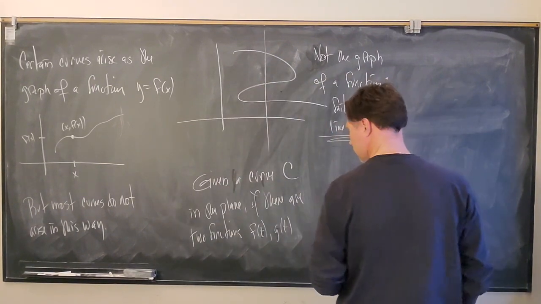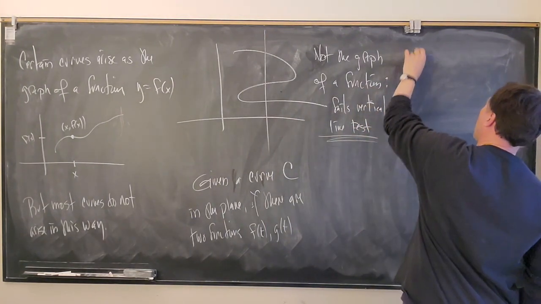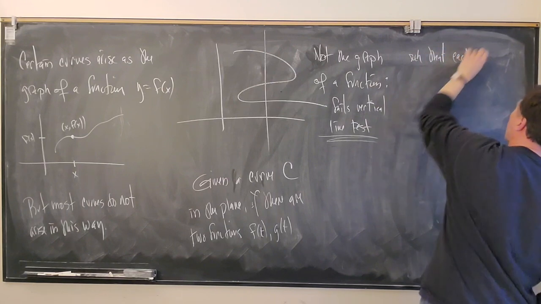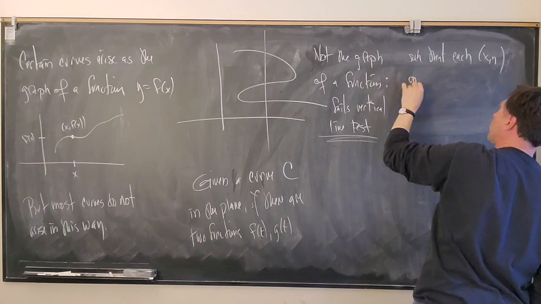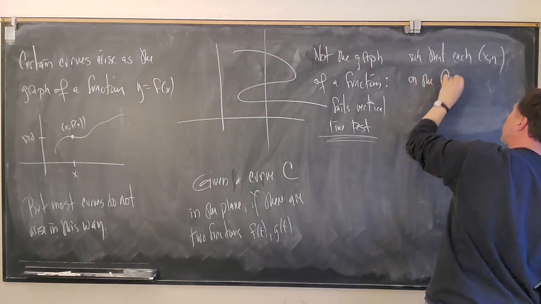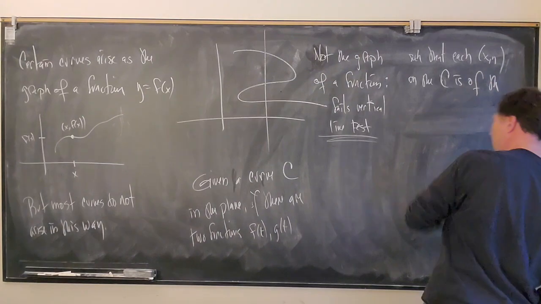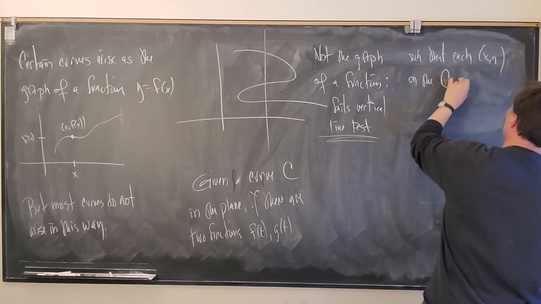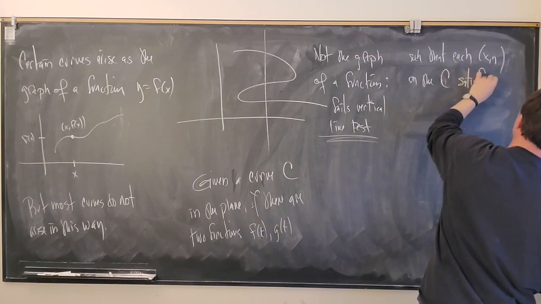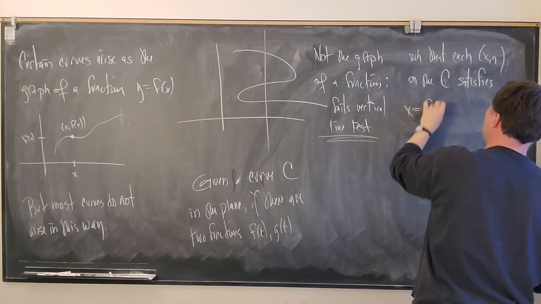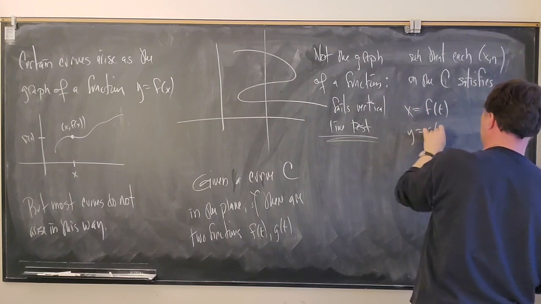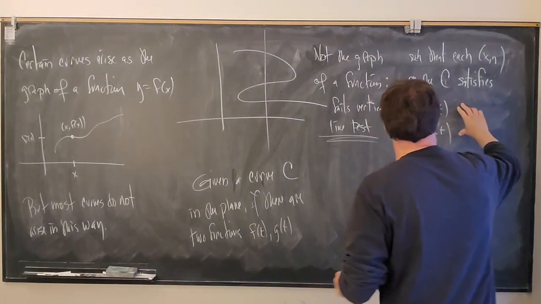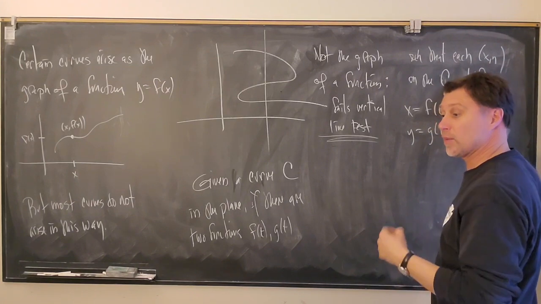such that each point x comma y on C satisfies x equals f of t and y equals g of t. Then these equations have a special name. These are called parametric equations, and the curve C is called a parametric curve.